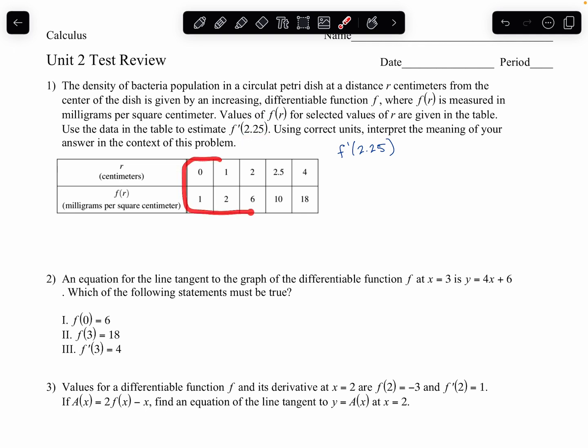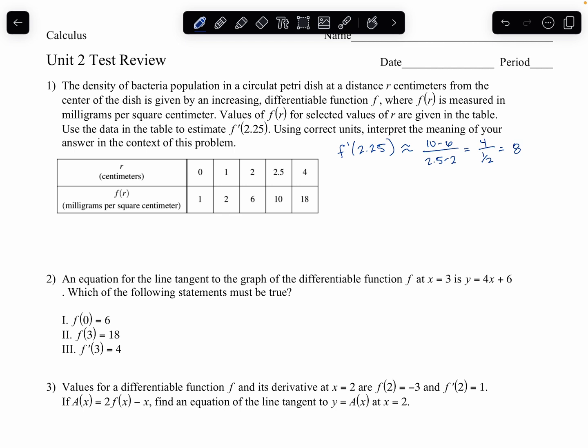And since all we have are values from this table, we are going to use the average rate of change over this interval right here to estimate my derivative. So we'll say that this is about equivalent to 10 minus 6 over 2.5 minus 2, and that's equivalent to 4 over 1/2, which is equivalent to 8.